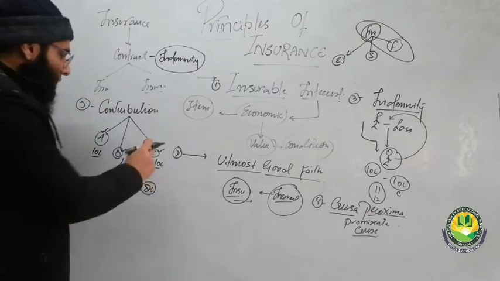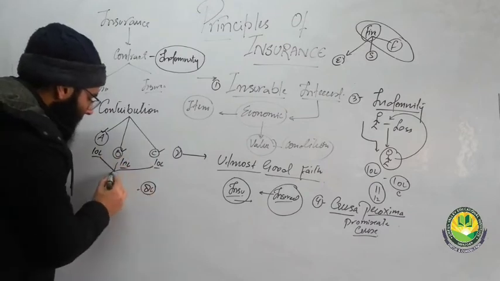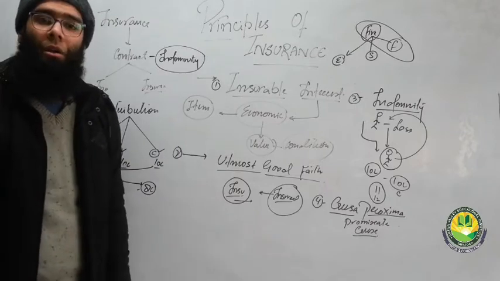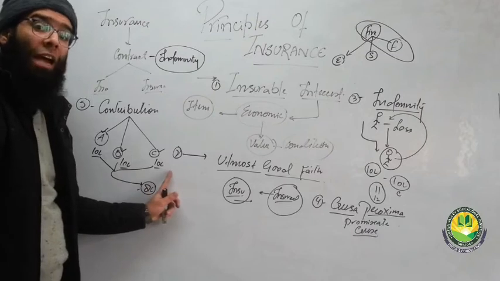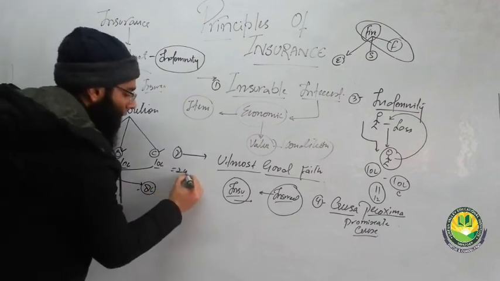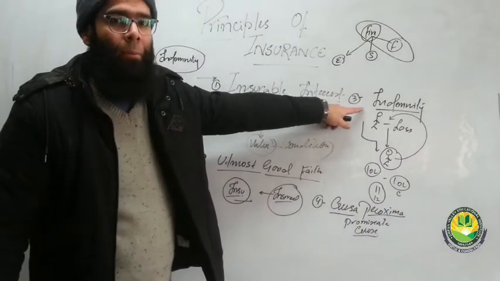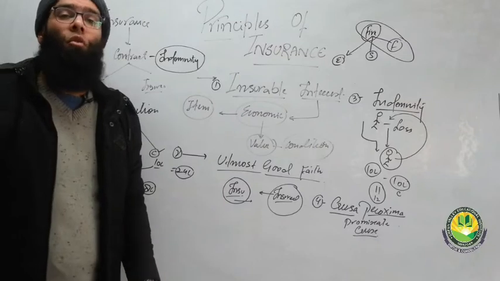So, these three firms shall contribute collectively to the amount that the damages have occurred. They will not pay me 8 lakh, 8 lakh and 8 lakh. That will be 24 lakh, which goes against the principle of indemnity. My position is better off than before the loss.